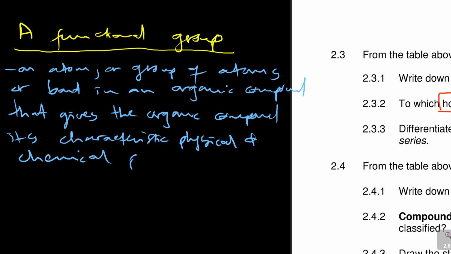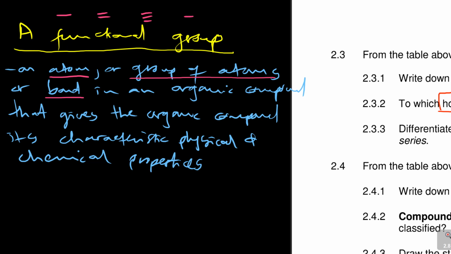It is the one that determines the chemical properties of an organic compound. So it can be an atom. Can be a group of atoms. It can be even a bond. Remember, single bond, double bond, and triple bond. These are different functional groups.